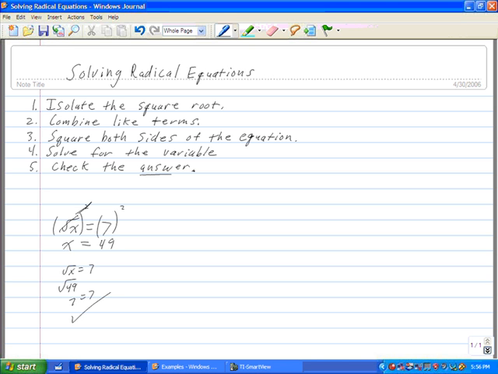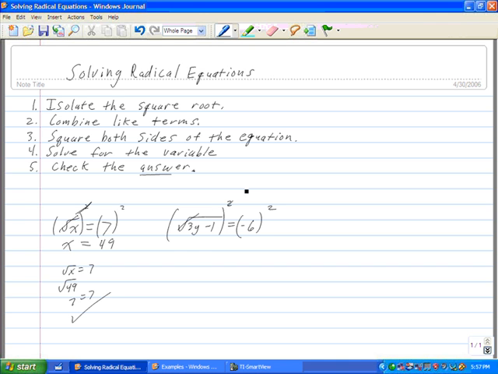Now, to illustrate why it's necessary to do this, let's look at square root of 3y minus 1 equaling negative 6. We will isolate the square root, and that's done. Combine like terms, there aren't any. So now we square both sides.